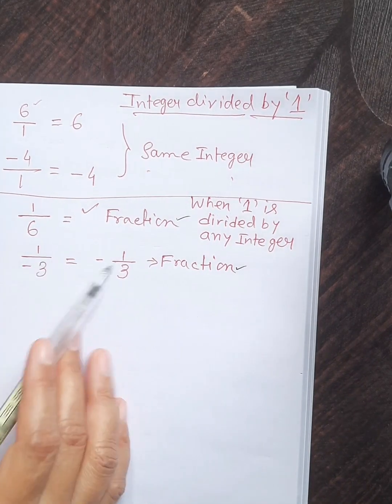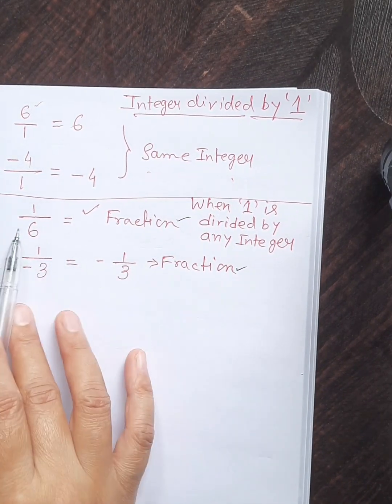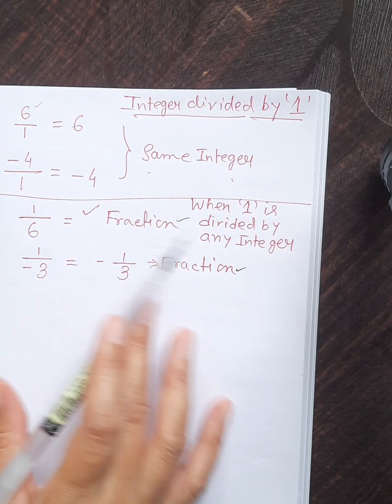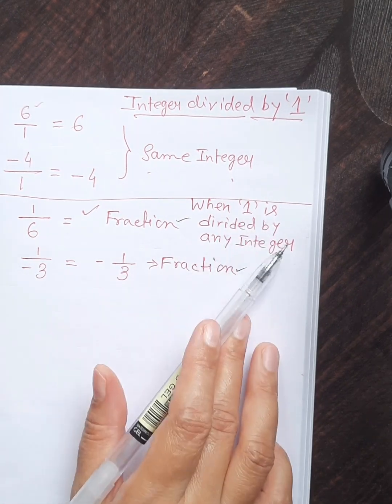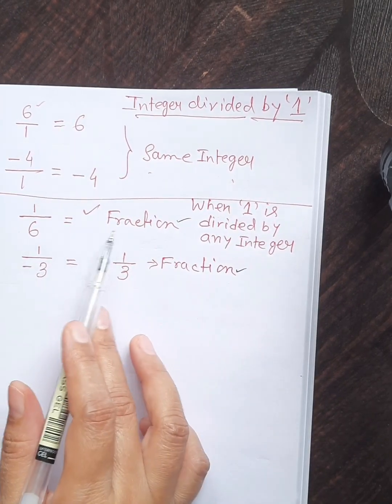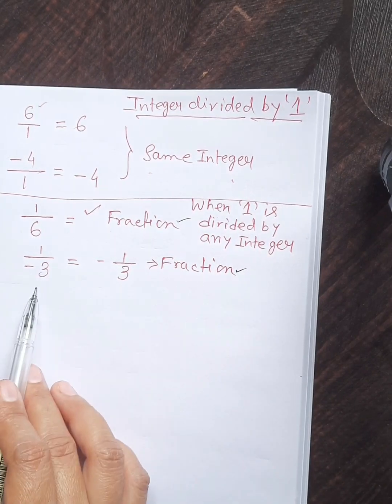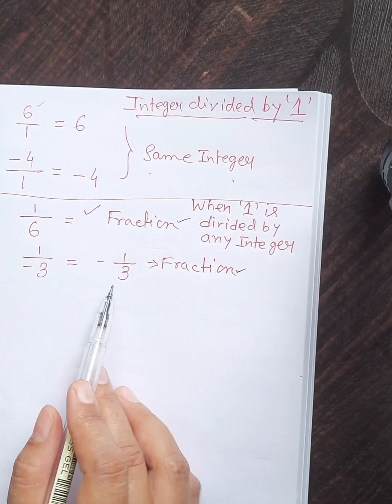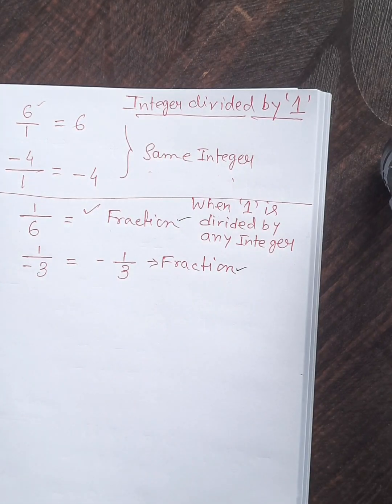Positive or negative integer we can get. That means when 1 is divided by a positive integer, we get a positive fraction. When 1 is divided by a negative integer, then we get a negative fraction. Simple.